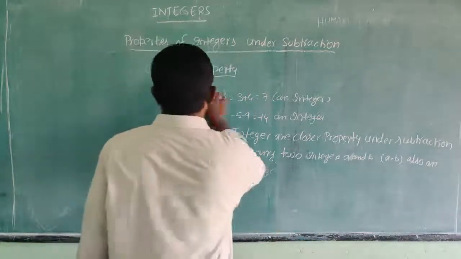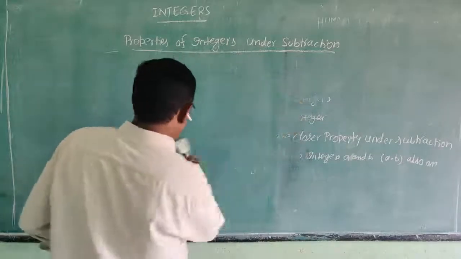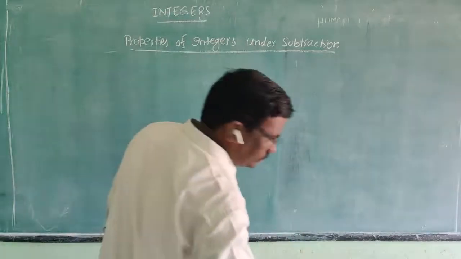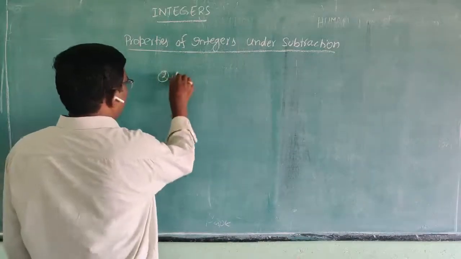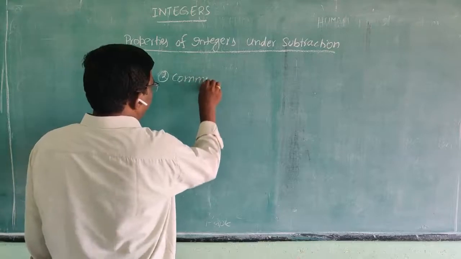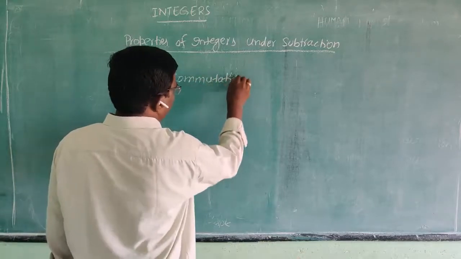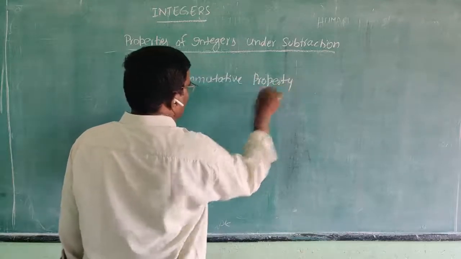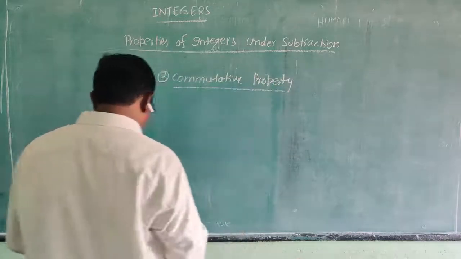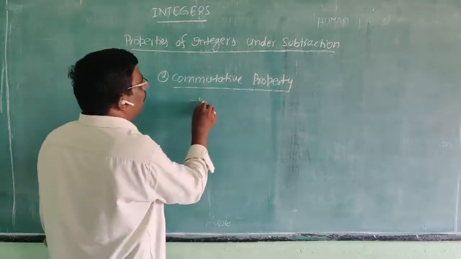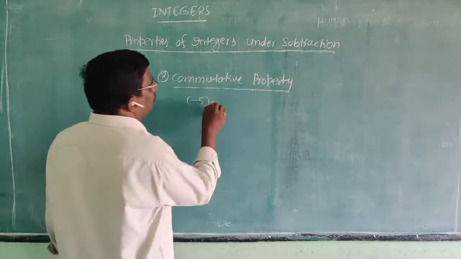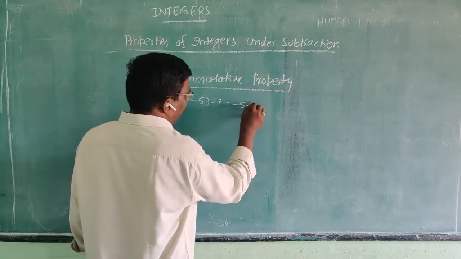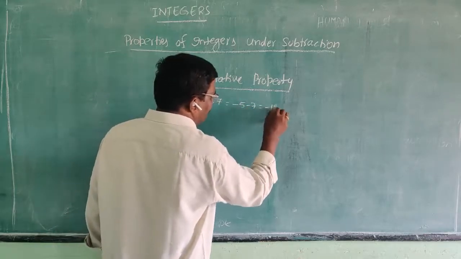Second one, commutative property. Let us take, for example, minus 5 and minus 7. Minus 5 minus 7 equals minus 12.